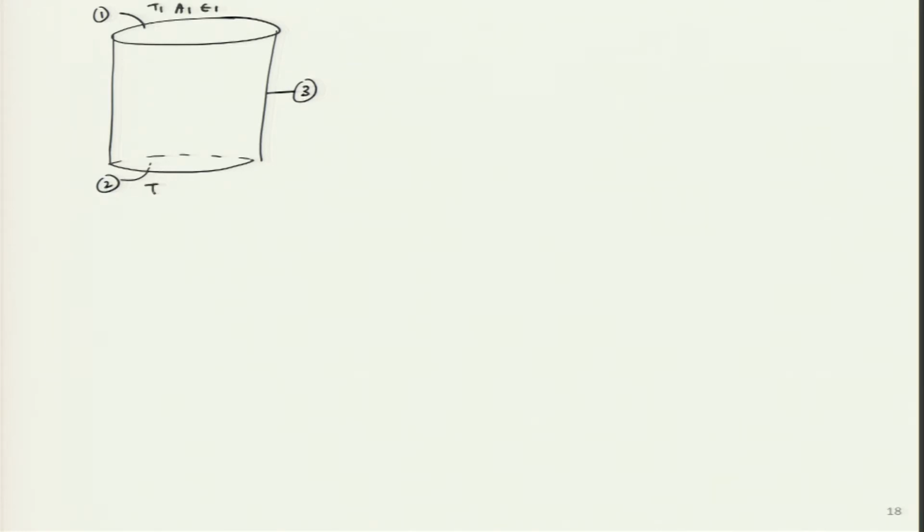I will not solve it numerically, but I will solve it analytically over here, so that some understanding is there for the students. So, what I want to find out in this particular case, same as earlier, is the value of q dot 1, q dot 2, q dot 3, q dot 12, q dot 23, q dot 13.